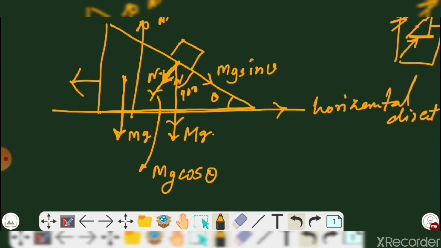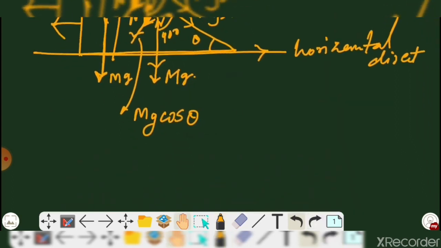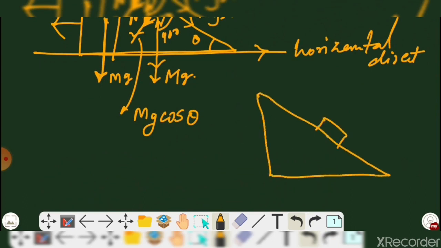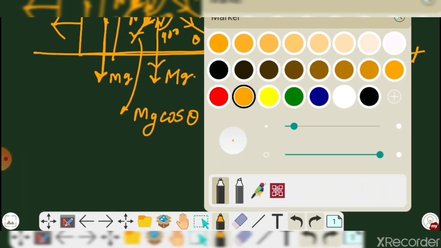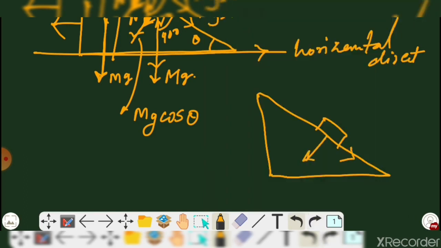Now resolve the components for the normal force. It is written here as N. I am considering the normal force in the next row so that you won't get confused.